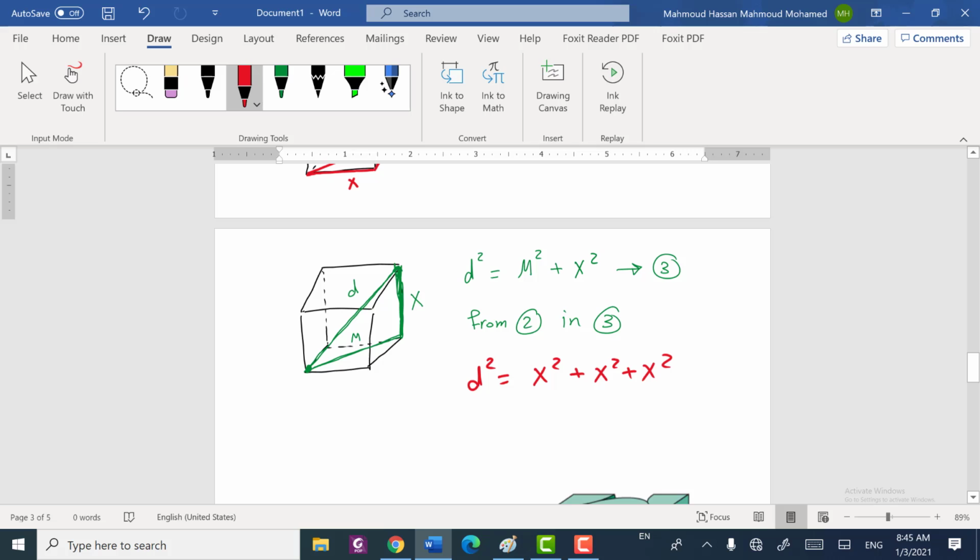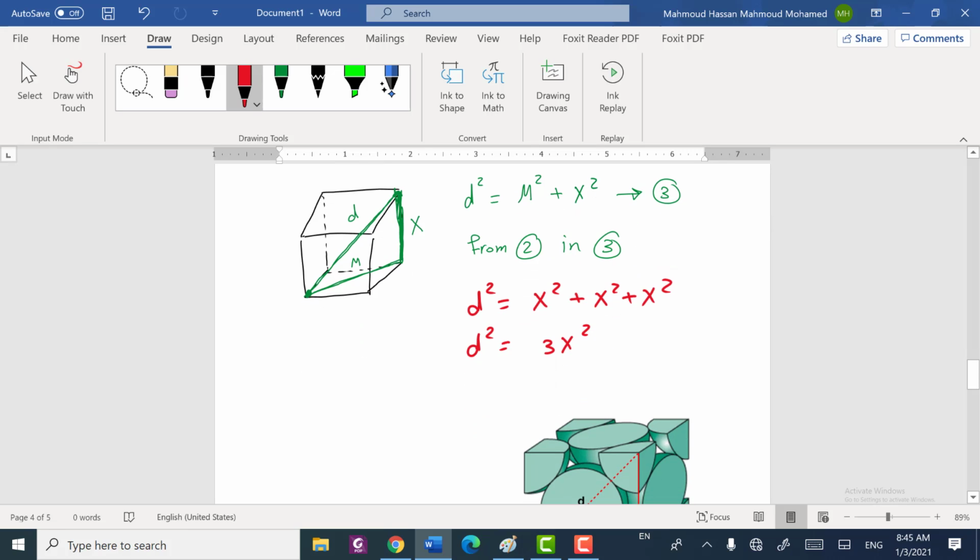So we'll find that d squared equals 3x squared. In this case, if we take the square root on each side, the square root of d squared equals the square root of 3x squared.